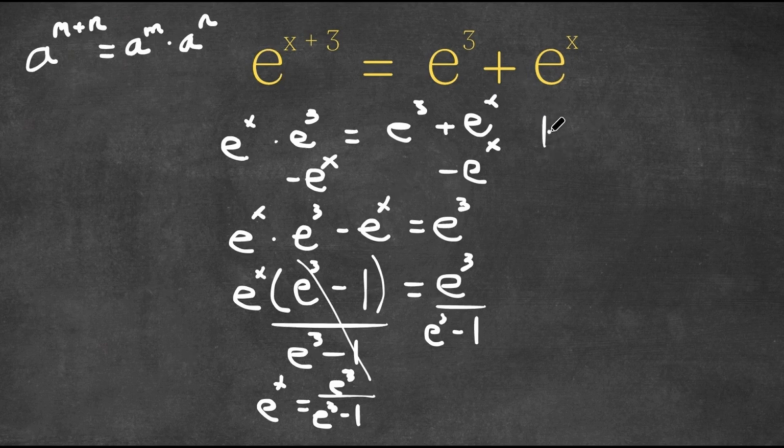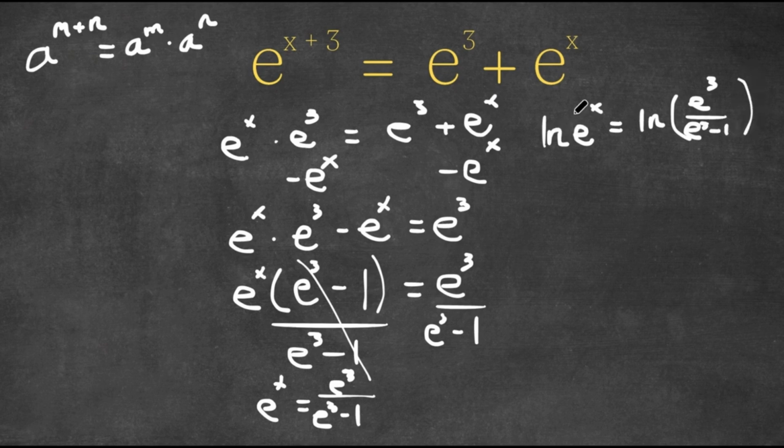So if I take ln on both sides, we get ln e to the power of x is equal to ln e to the power of 3 over e to the power of 3 minus 1.